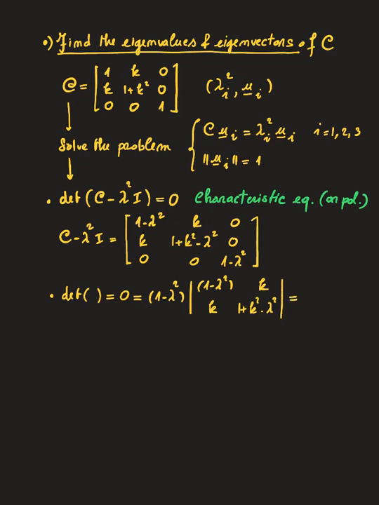And what is this equal to? Well, this is equal to 1 minus lambda squared, and here I have this times this minus k squared, right? So we have 1 minus lambda squared times 1 plus k squared minus lambda squared minus k squared.